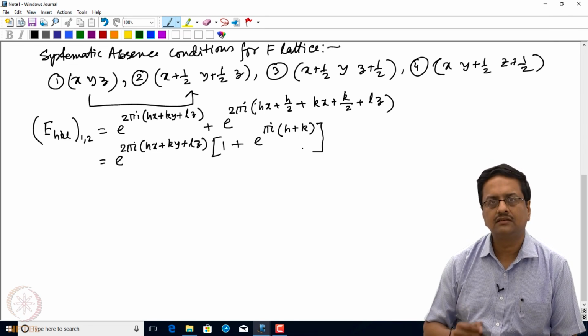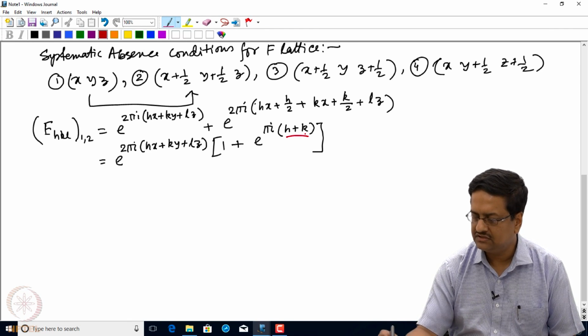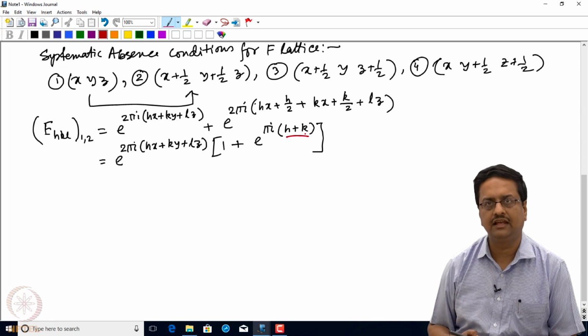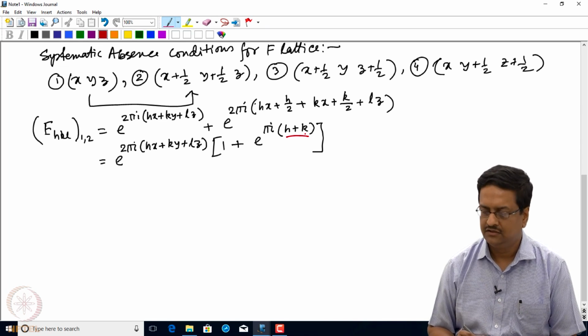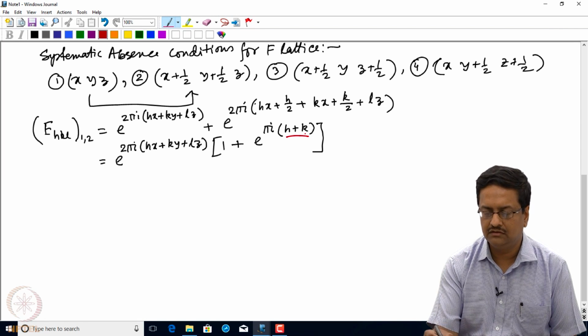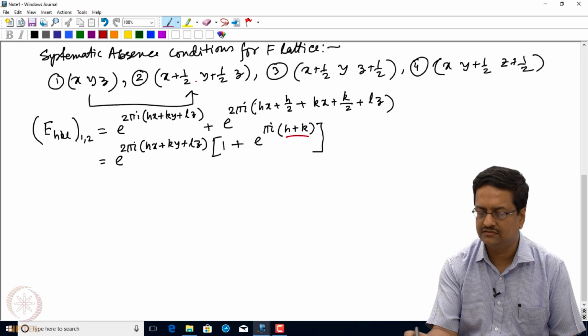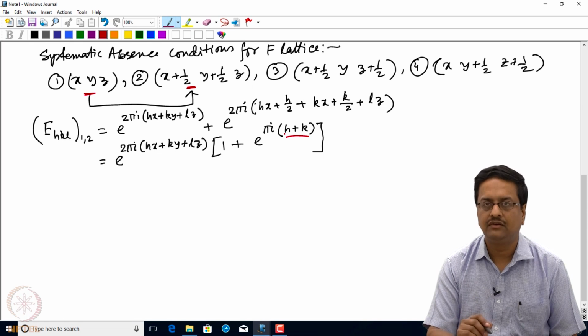So now here on inspection what we can see is that the term inside the bracket has h plus k. It does not contain L. So the systematic absence condition which will result for these 2 points, point number 1 and point number 2, will be based on h and k being non-zero.